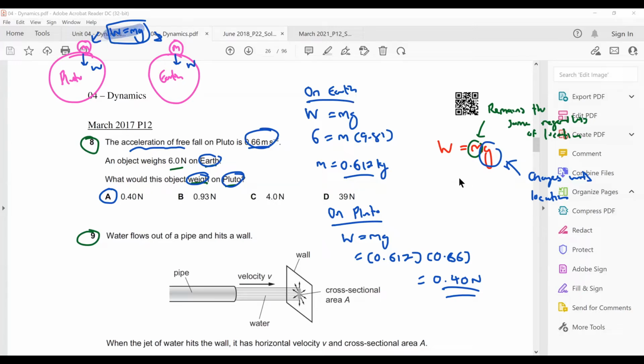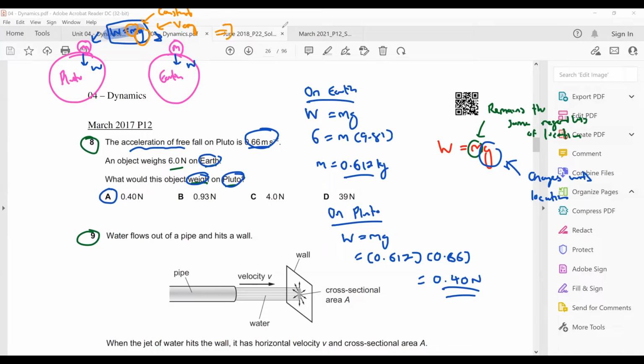Now, there's this little method called the ratio method that you will notice me using more and more towards the later chapters. So now I just show you a simple example of it. For both cases, I know W equals mg applies on Pluto and on Earth. What is common to both cases? I know that mass is constant for both Pluto and Earth. I know g will vary.